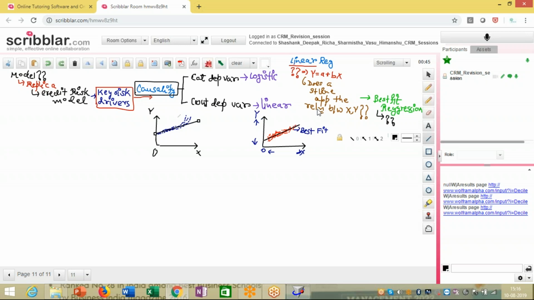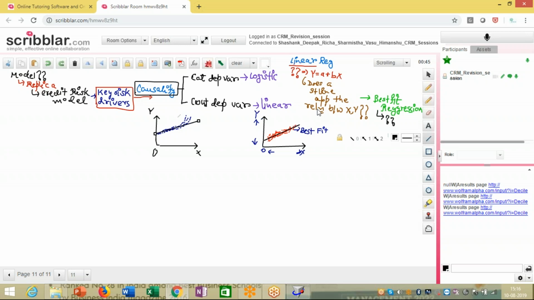So therefore, when I'm trying to develop a linear regression, what I'm trying to do is assess whether a linear relationship fits between two variables, right? And the best fit line will show me. Now first of all I check whether a linear relationship or a proportionate relationship between x and y holds or not. Okay, fine, it holds. Then how good is that fit?